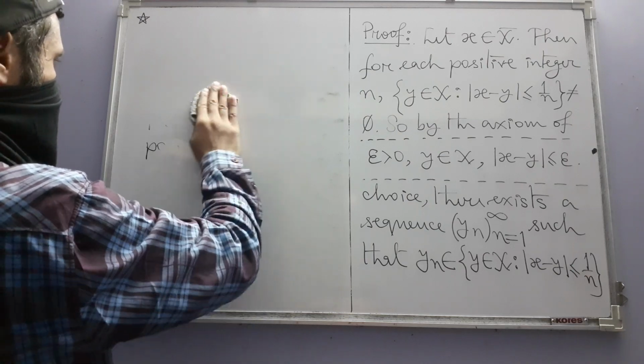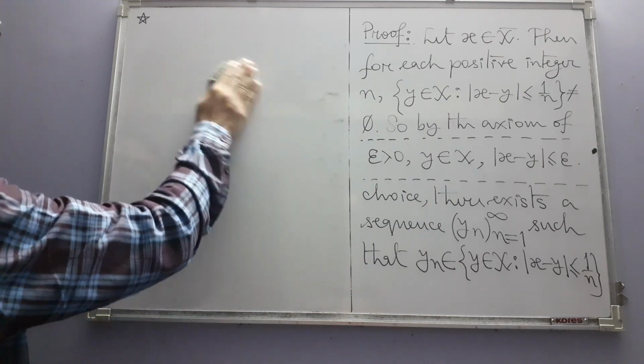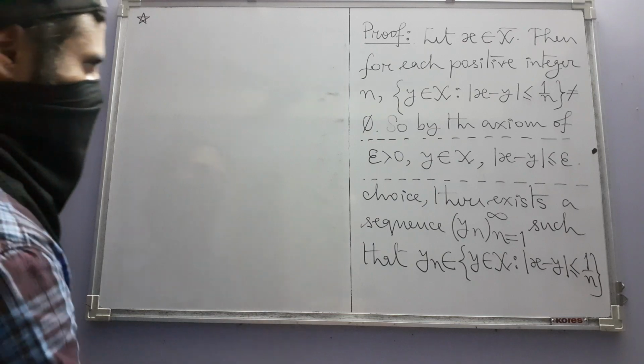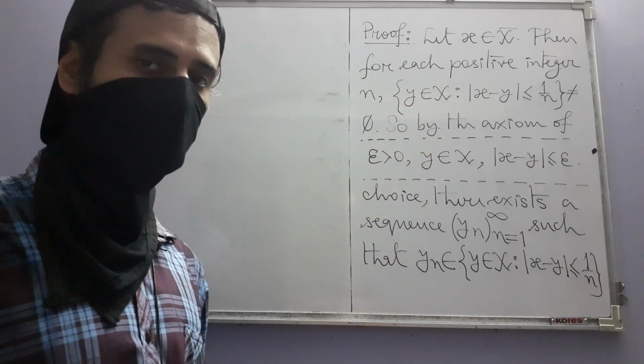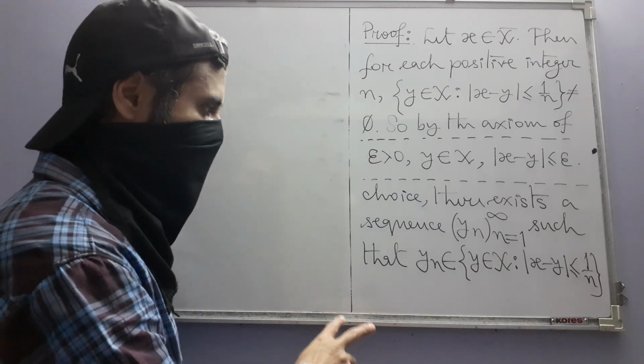And you recall why we are getting a sequence y_n. That's because the family of sets we have here is indexed by the positive integers, and that's why.